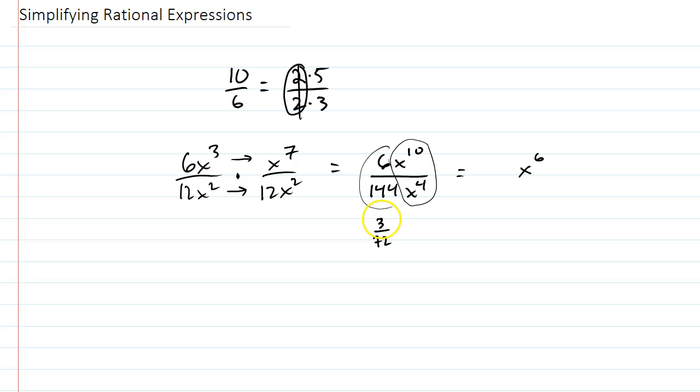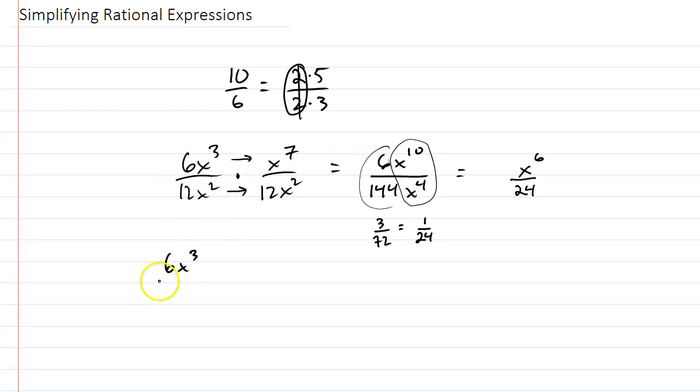And I happen to know 3 goes into 3 and 72. So this is going to turn into 1 over 24 if I do the division. So since there's a 1 on top and 24 on bottom, I can just write it as x to the 6 over 24.